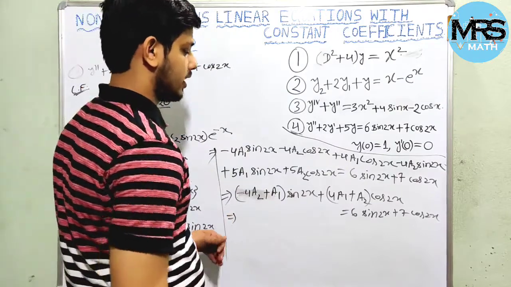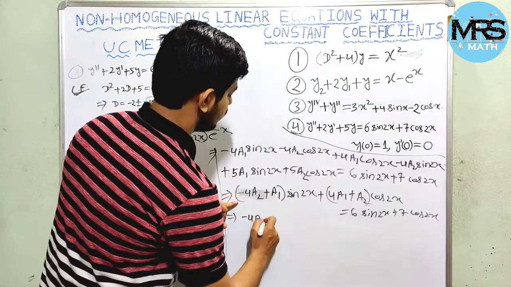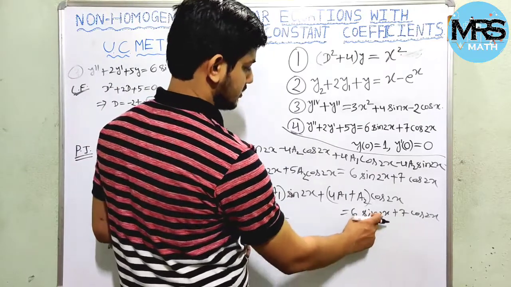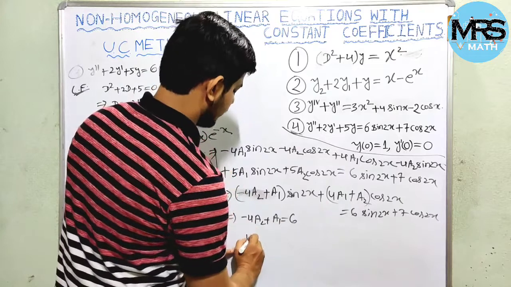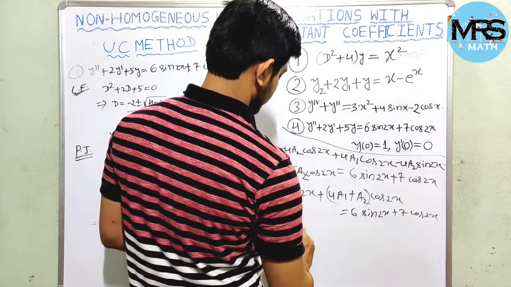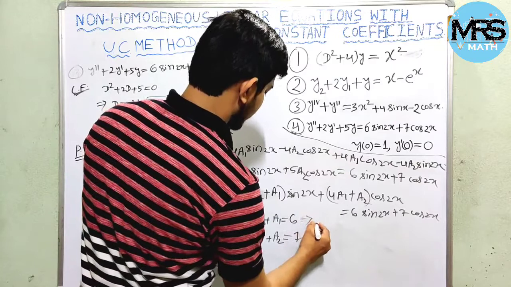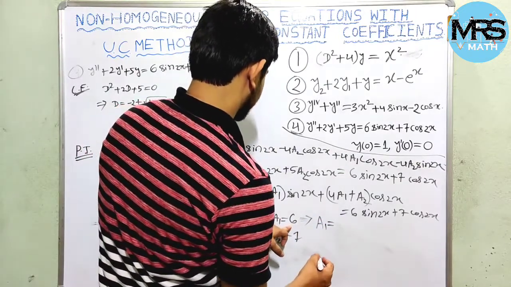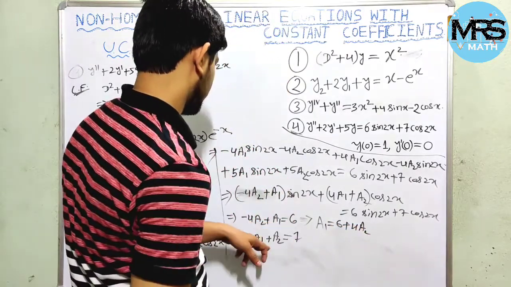So what we will get then by comparing both the sides, that is a1 minus 4a2, which is equal to 6, what we can write, this is sin 2x, so the coefficients will be the same, okay. Now again 4a1 plus a2 will be equal to 7, correct. So from this equation we can write a1 is equal to 6 plus 4a2, correct.